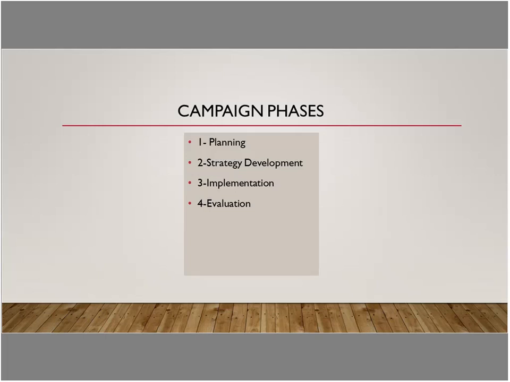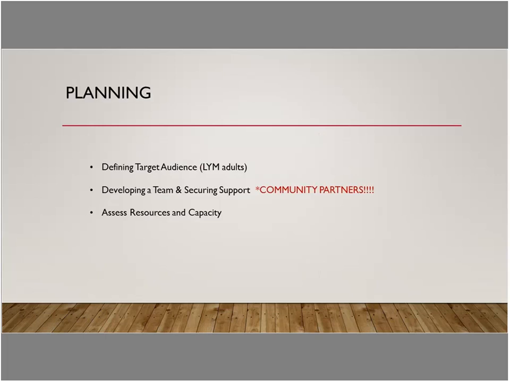So we just have to put all this into place. But for those folks who are not familiar with these phases, I did want to briefly go over them. So the first phase of any campaign is planning. And again, most of this has already been completed for us.